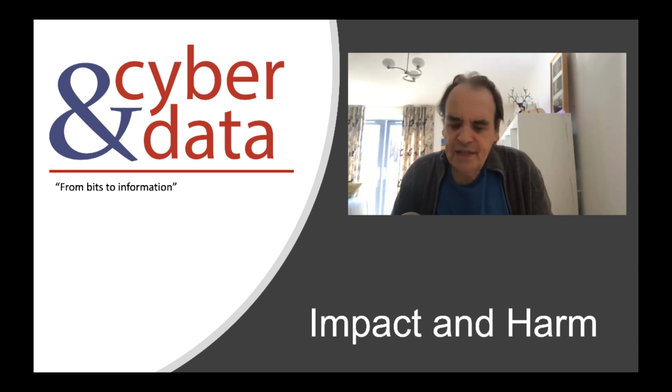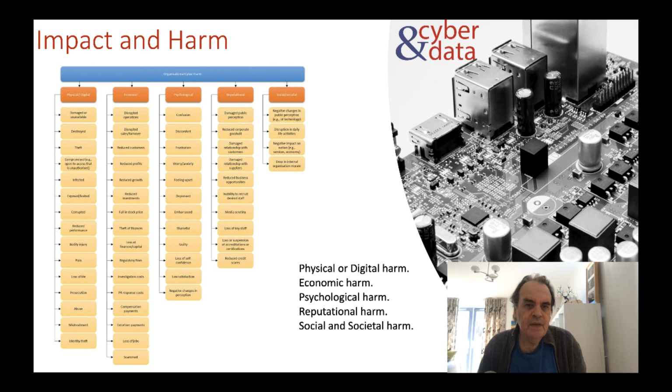So why is it that we would want to implement a security policy on the network, and why should we collect data and make sure that we keep our infrastructure and our people secure? Well, one thing is obviously to reduce the impact of a cybersecurity threat, and also to reduce the harm.